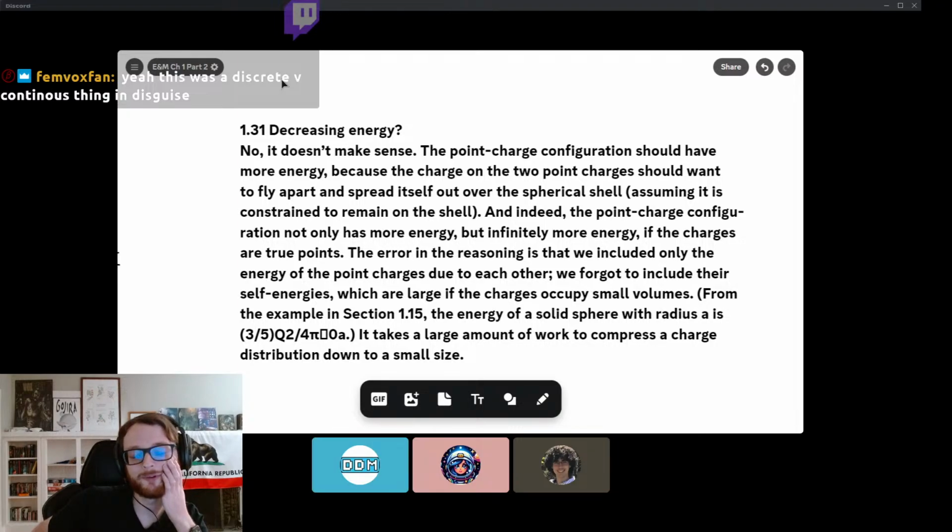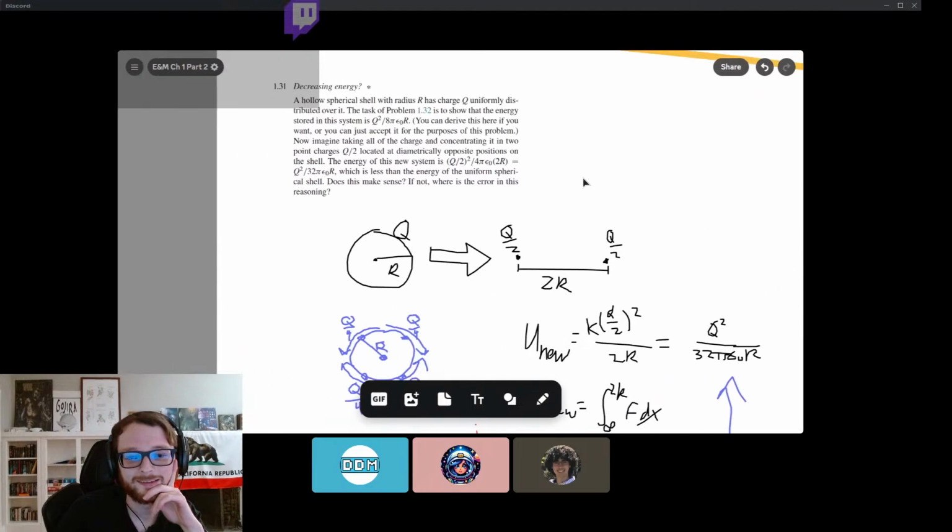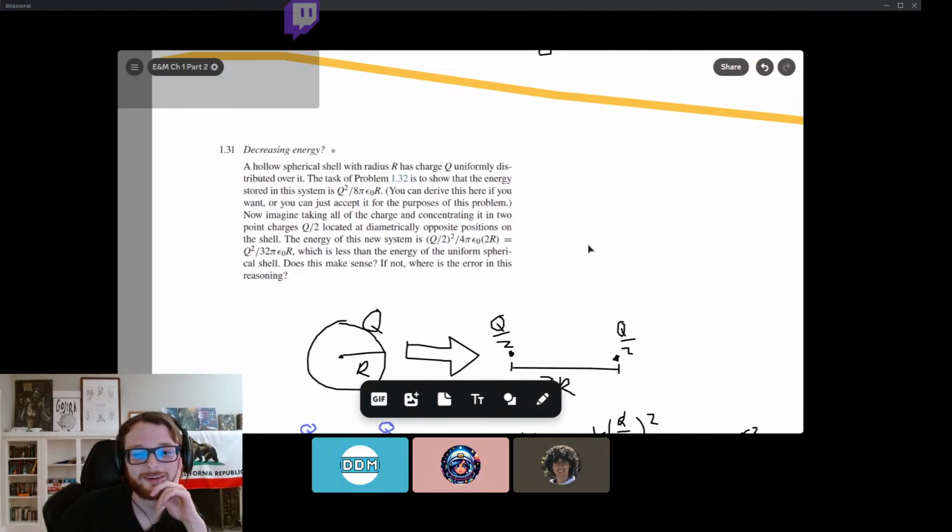Okay, so it takes a lot of work to have compressed those two halves of the sphere into point charges. I guess that's fair. I was thinking it's just 2 point charges. That's what I was thinking too, but they did say taking all the charge and concentrating it, which I guess was the key.